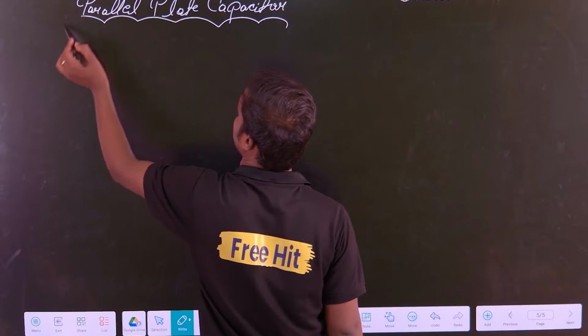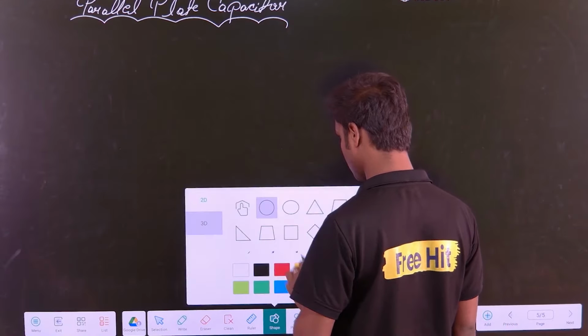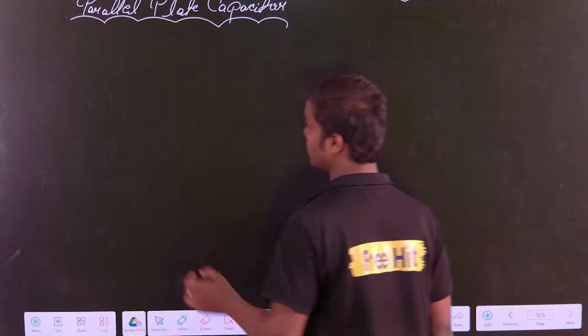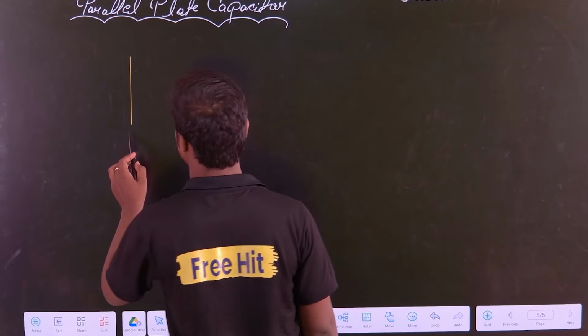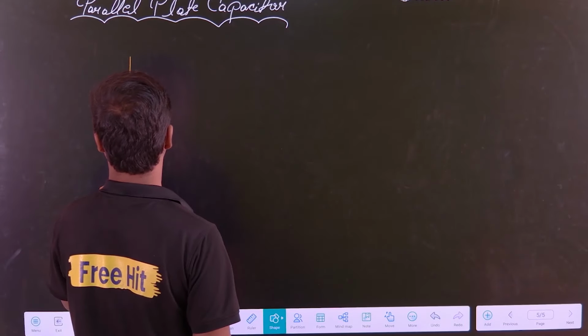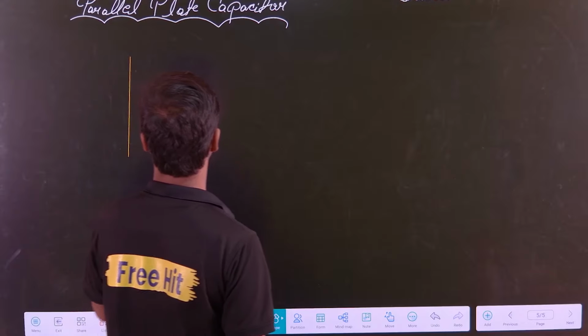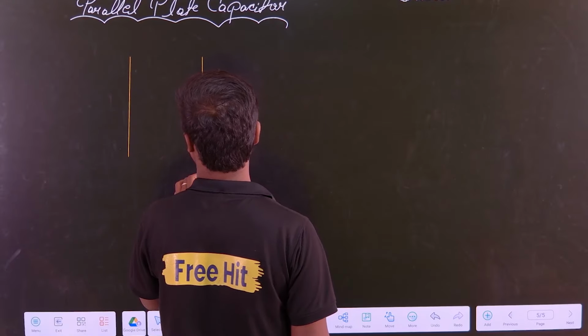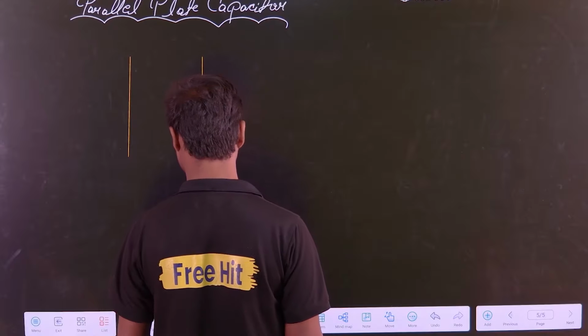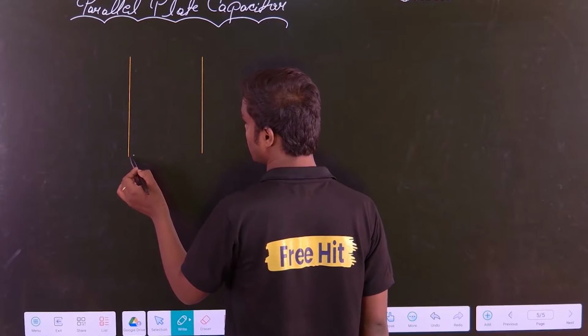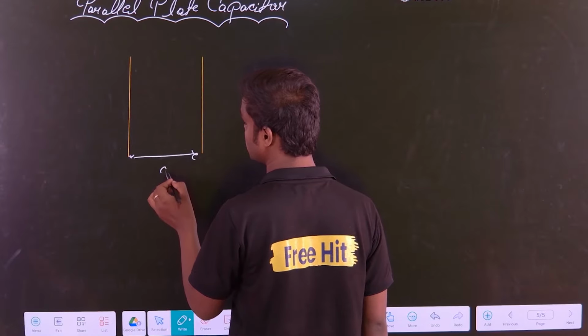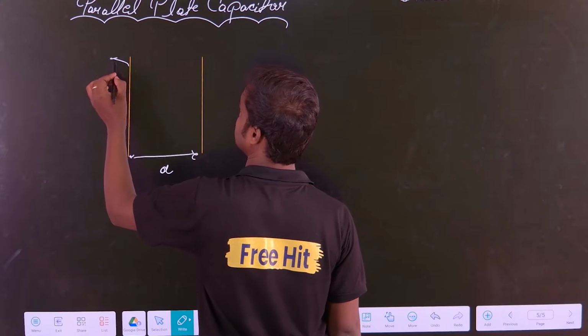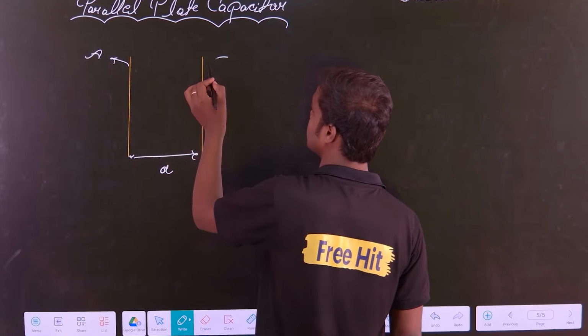So what is a parallel plate capacitor? Basically, if you remember the infinite sheet, we used to take two infinite sheets, and the distance between these two sheets is d, the area of each sheet is A, and they are both similar.